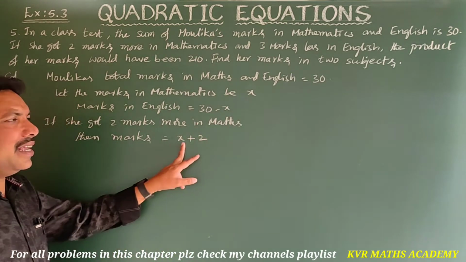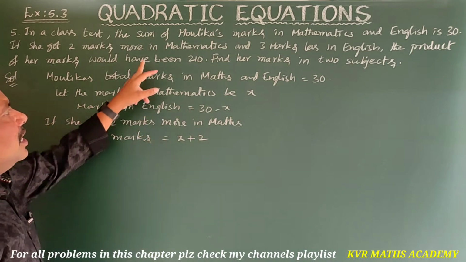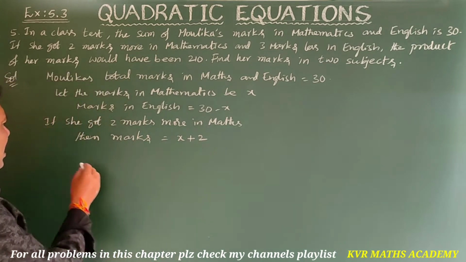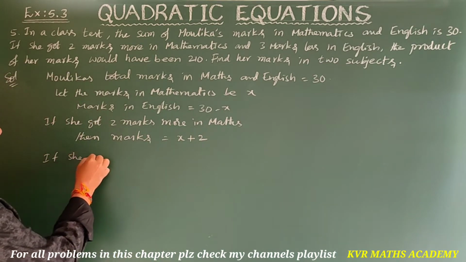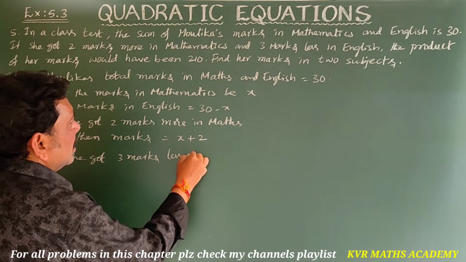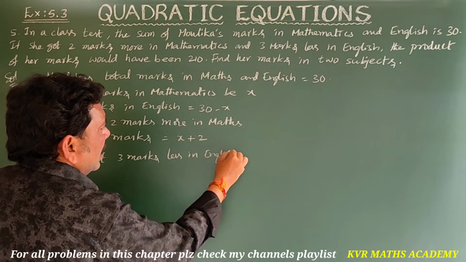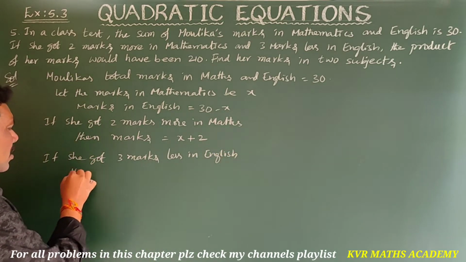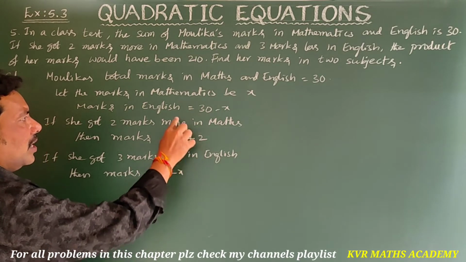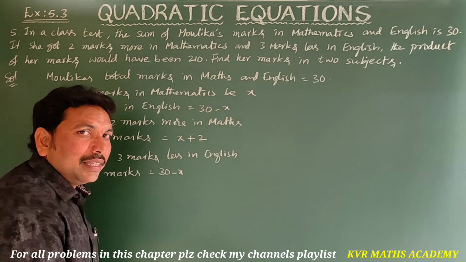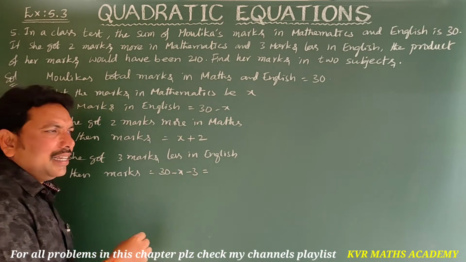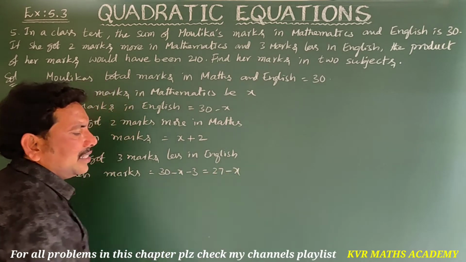Another condition: 3 marks less in English. Then English marks is 30 minus x, 3 marks less means minus 3. So 30 minus 3, yes, 27 minus x.